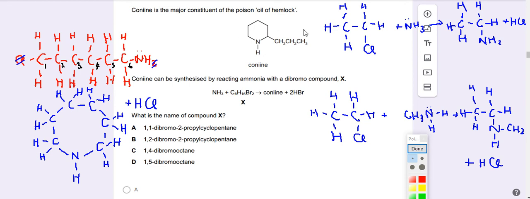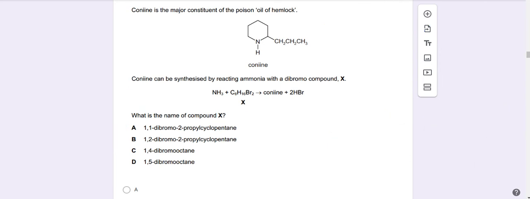So we are going to draw A, B, C, D one by one and write the equation and see what will be the product. If the product matches the structure of this choline, that molecule will be the answer. So now I'm going to erase all this. Okay. We are going to restart, rewriting all the equations by using every answer.